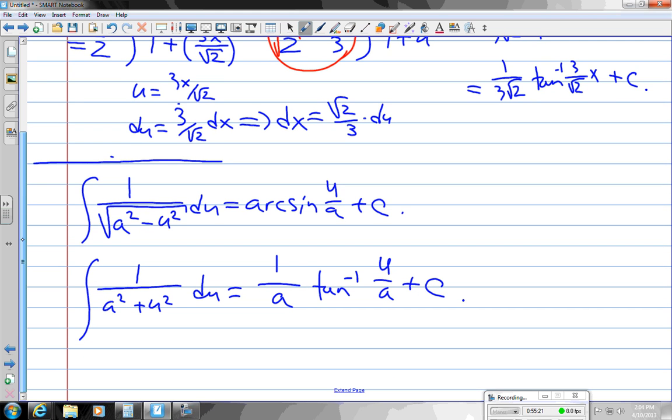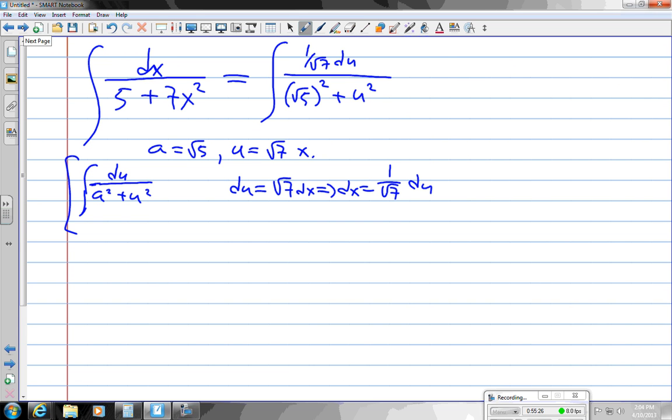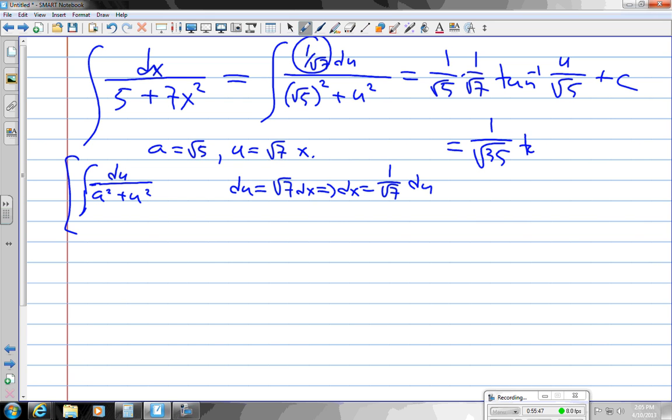So the rule tells me it's just 1 over a inverse tangent of u over a. So it is 1 over square root of 5, and now I also have that 1 over square root of 7. That was part of the dx. And then inverse tangent of u over square root of 5, and u is that. So it is 1 over the square root of 35 inverse tangent, and then square root of 7 over 5 x.